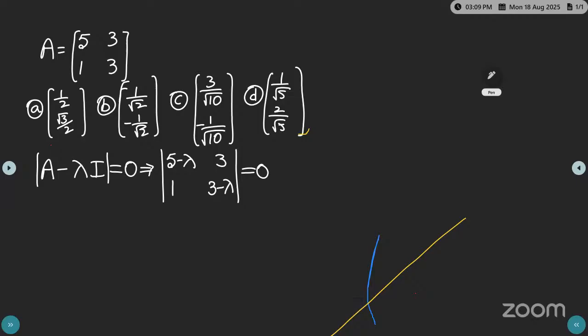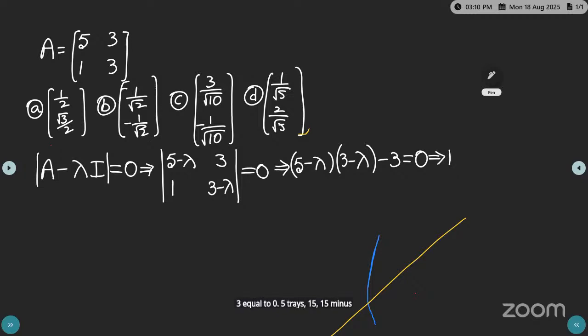Next, this implies what you are going to get? 5 minus lambda into 3 minus lambda minus 3 equal to 0. 5 threes are 15, 15 minus 3, 12. Minus 3 lambda minus 5 lambda plus lambda squared equal to 0.